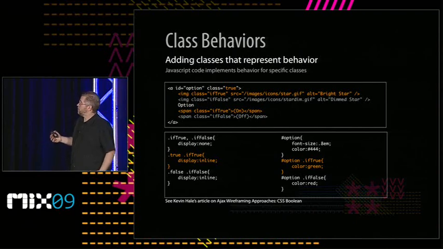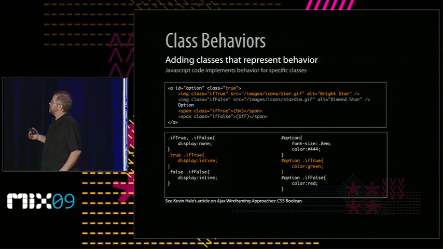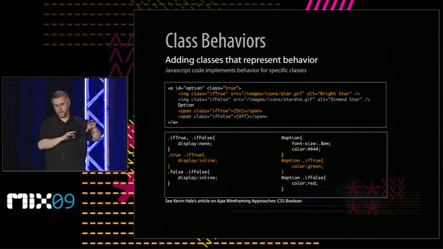And so, you can also do something like adding classes that represent behavior. We kind of touched on that a little bit earlier. With the jQuery method and with the ProtoScript method, you take your markup and you find stuff in the page. Now, there's good and bad to that, because normally you don't want those selector syntaxes to be very complicated.